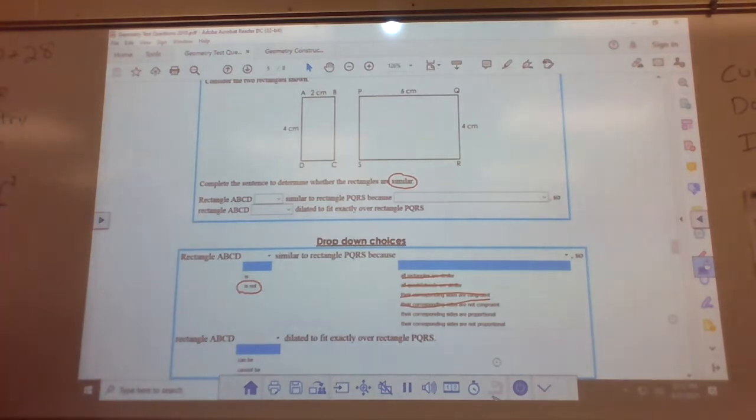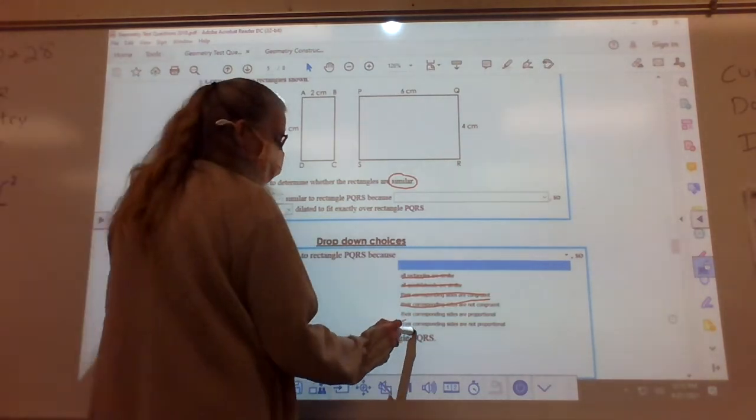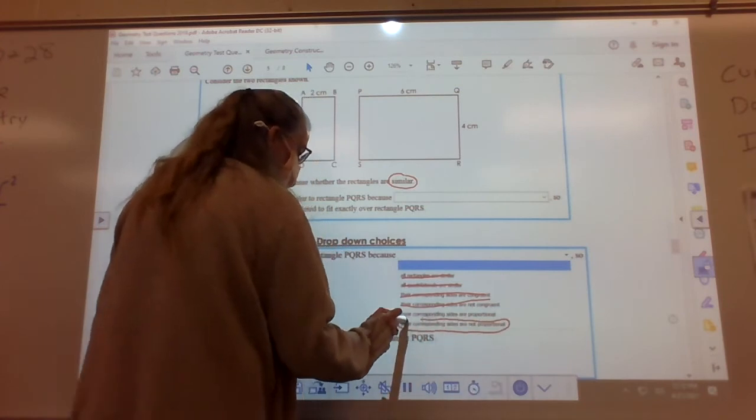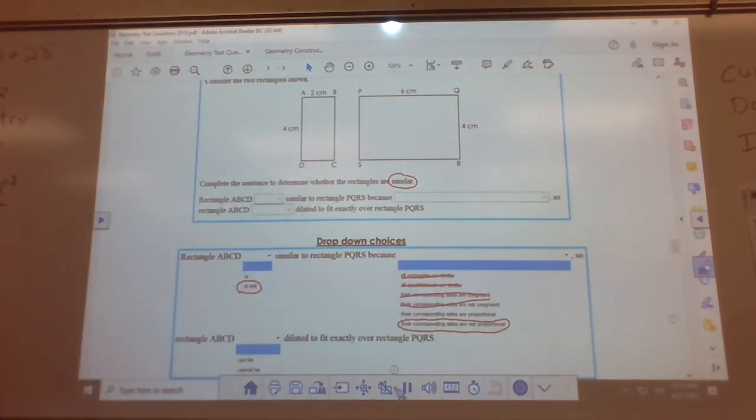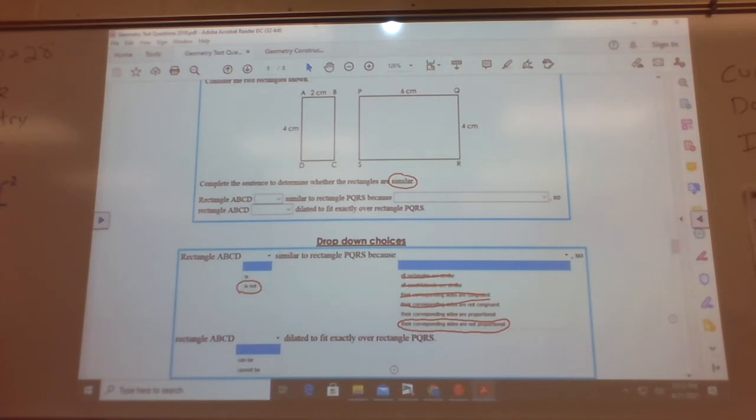Corresponding sides are proportional, or not proportional? Because they were not proportional, it was not similar. Because remember, similar means proportional. Then it says rectangle ABCD can or cannot be dilated to fit over rectangle PQRS.